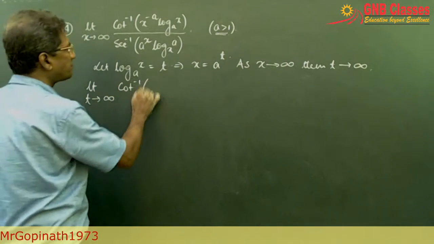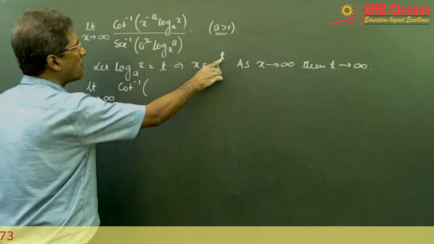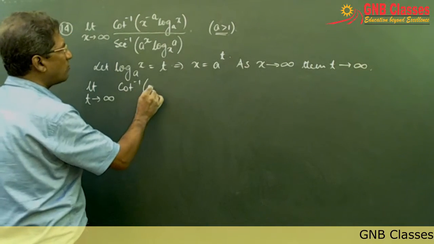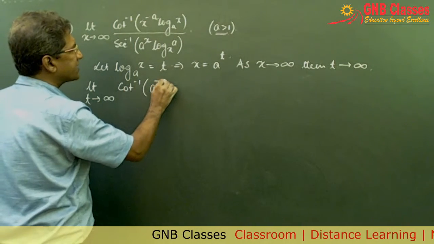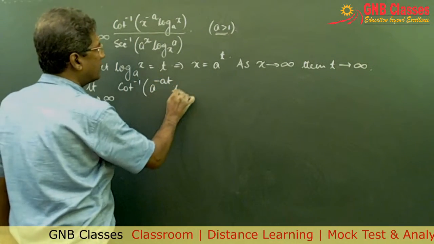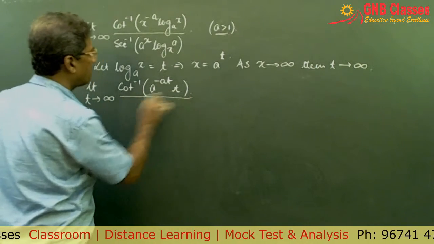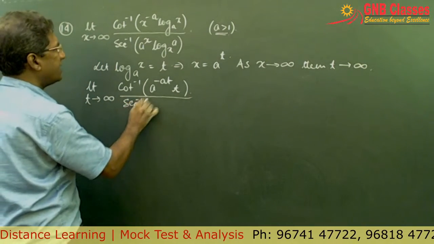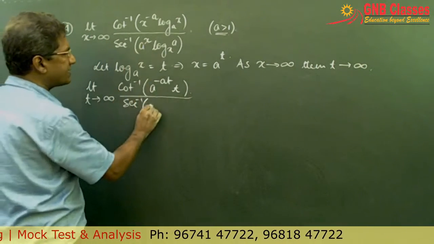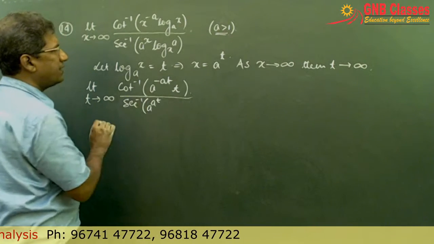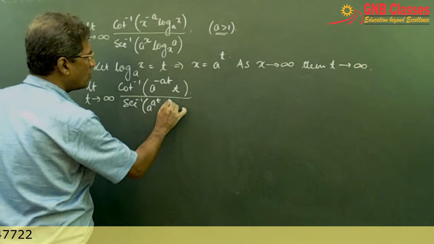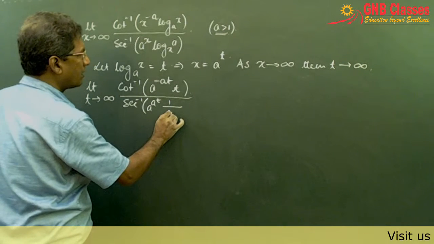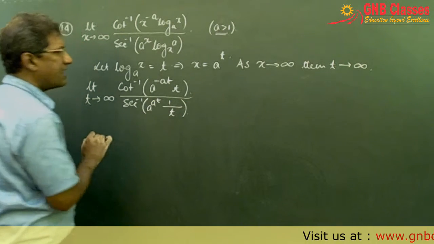Therefore our limit becomes limit t approaches infinity, cot inverse of x to the power minus a, where x is a to the power t, so it will be a to the power minus at, divided by sec inverse of a to the power x, that is a to the power t, log a base x, which can be written as 1 by t. Is it clear?